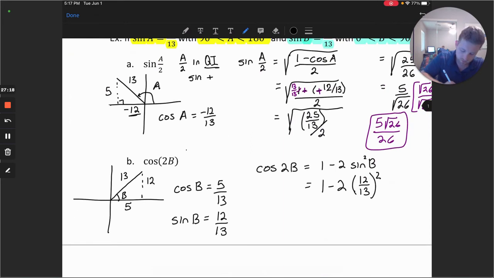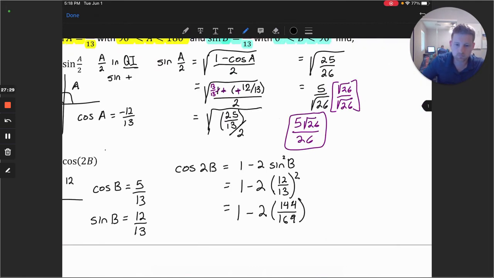So we've got 1 minus 2 times 144 over 169. Or we can continue that process: 1 minus 288 over 169.